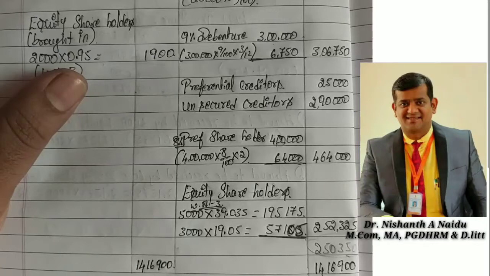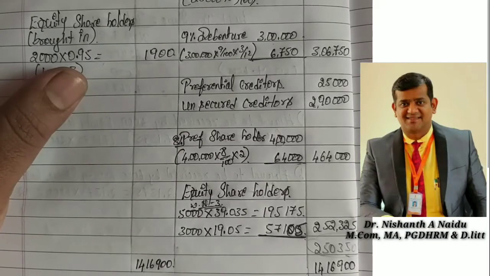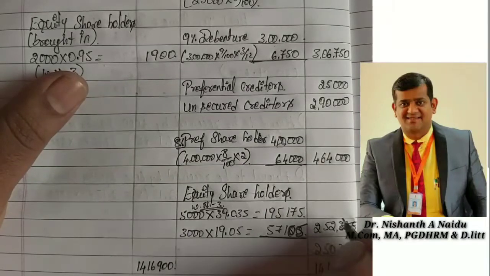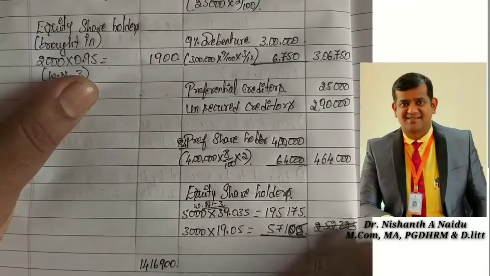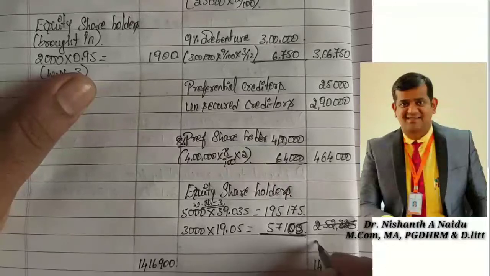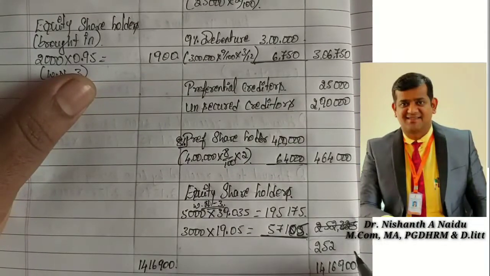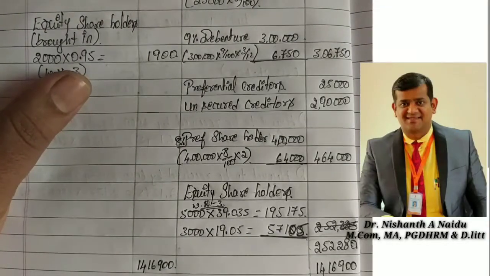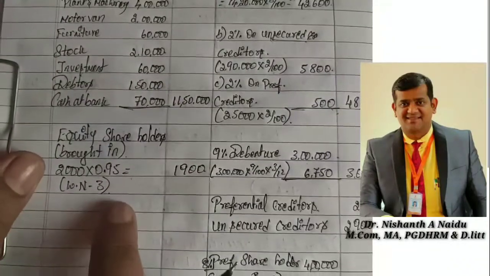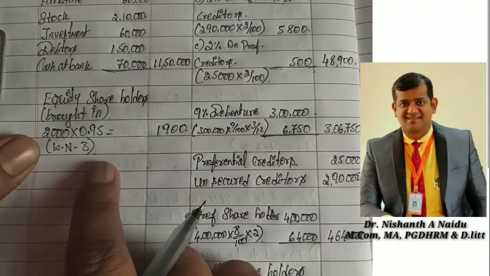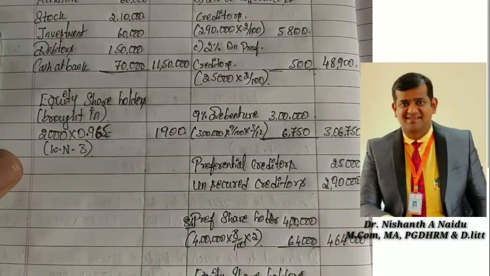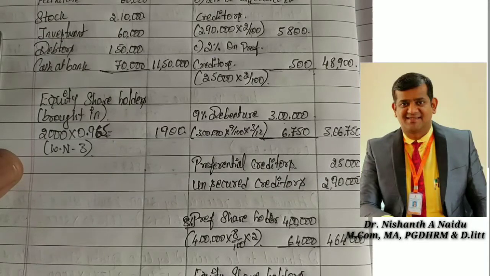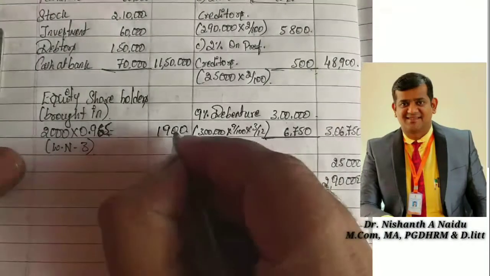So now total 1,95,175 plus 57,105, that is 2,52,280. I'm writing that in the next line, 2,52,280 rupees. So here again we have to change 2,000 into 0.965, that is 1,930 rupees.